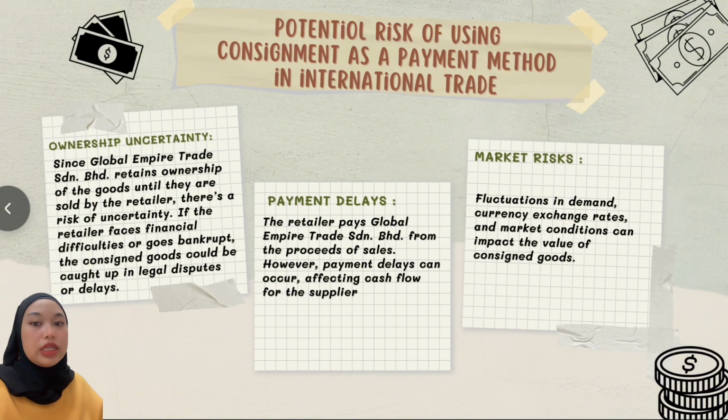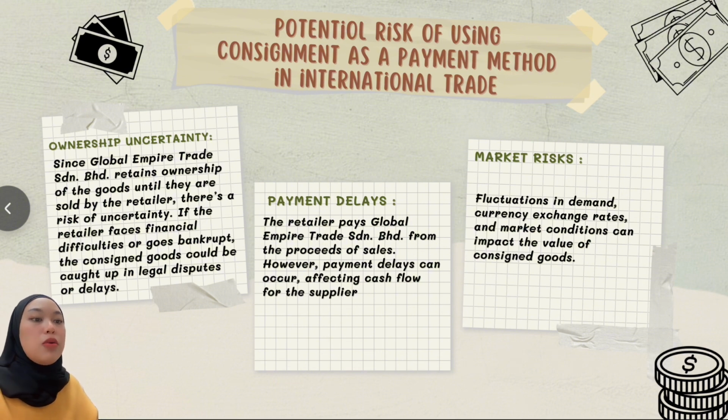We move again to another slide, which is about the potential risks of using consignment as a payment method in international trade. First one is ownership uncertainty. Since Global Empire Trade Syndrome Berhad retains ownership of the goods until they are sold by the retailer, there is a risk of uncertainty. If the retailer faces financial difficulties or goes bankrupt, the consigned goods could be caught up in legal disputes or delays.